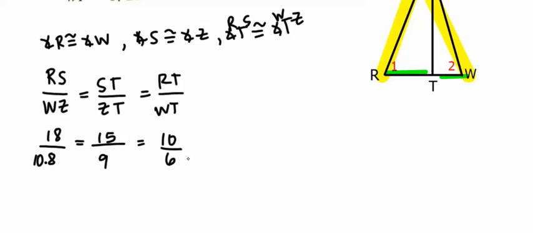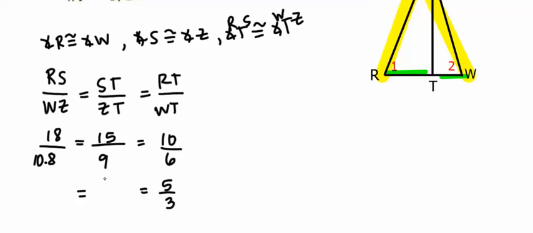So we're going to reduce each one of these fractions. Now 10.8 is an interesting fraction here. We've got 18 over 10.8. I think the easiest way to do this is probably using our calculators. I can definitely reduce this to 5/3. So 10 over 6 will reduce to 5/3.